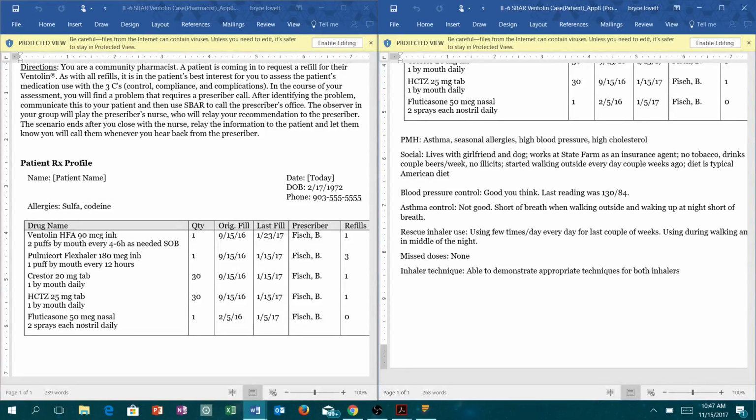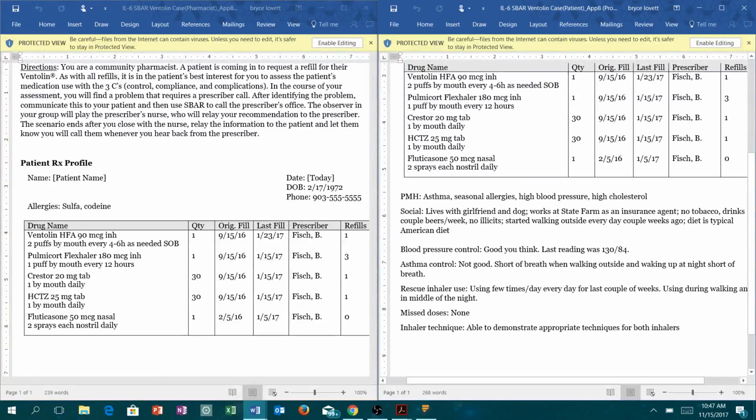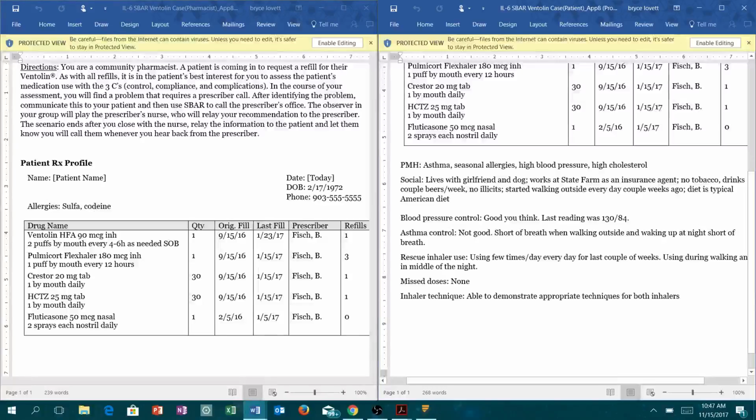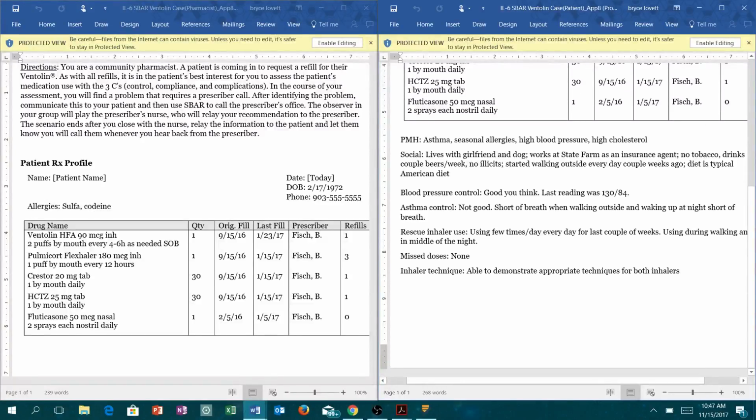Y'all should probably ask me about how I'm using my inhaler and what's going on. Okay, alright. Yeah, I'm supposed to find out what they are. Because you're allergic to codeine. Okay.